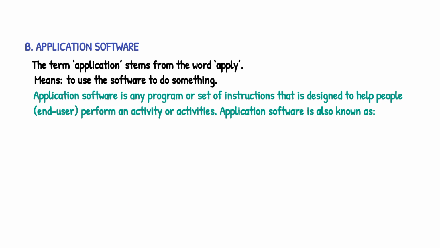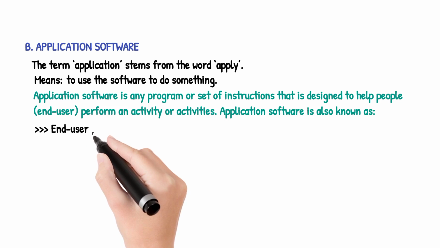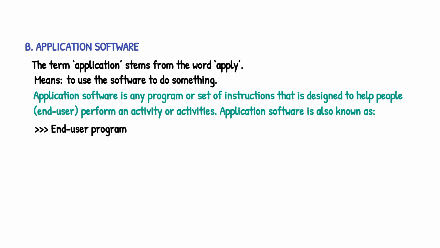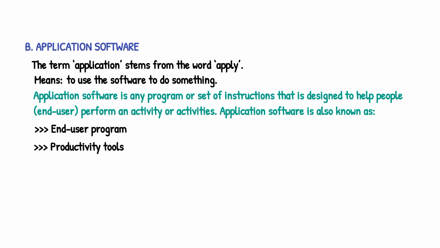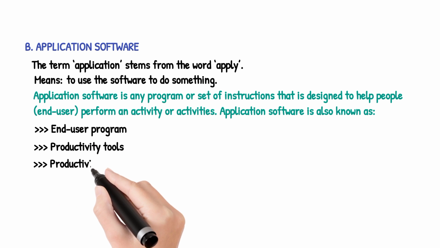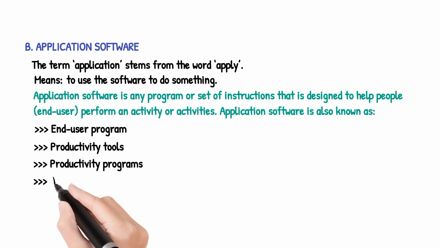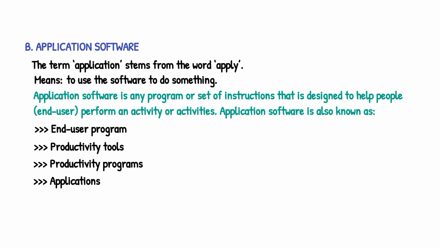Application software is also known as end user program. It is also known as productivity tools. It is also known as productivity programs. It is also known as applications, and it is also known as apps.